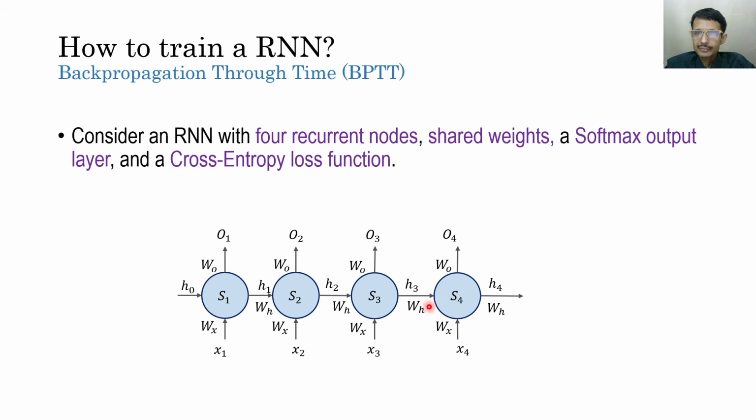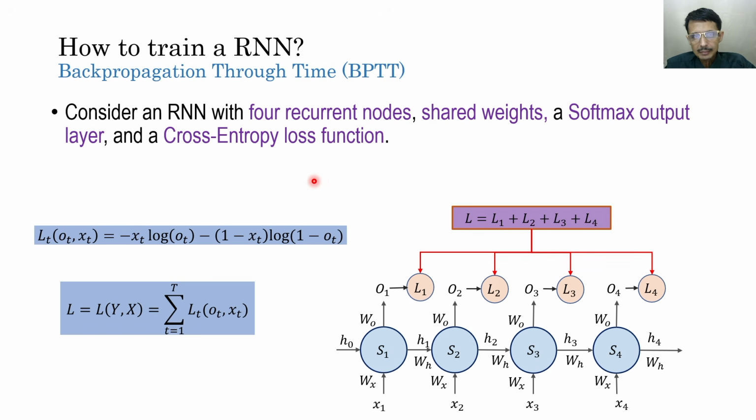So the shared weights, a softmax output layer, that is the output layer, and a cross entropy. We'll see in the next slide what the cross entropy is. So with this architecture, we try to understand our backpropagation through time algorithm.